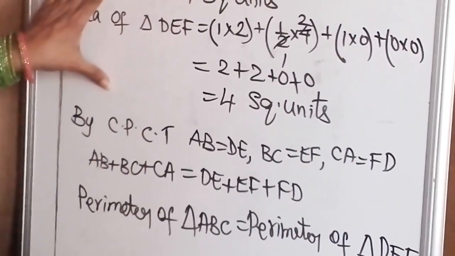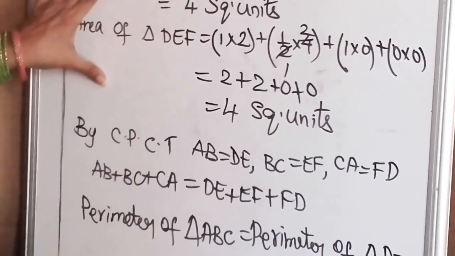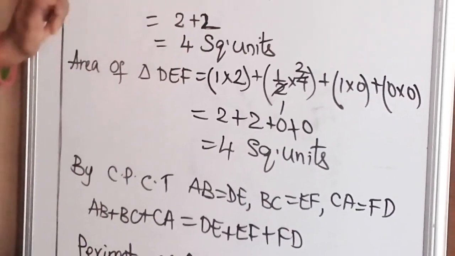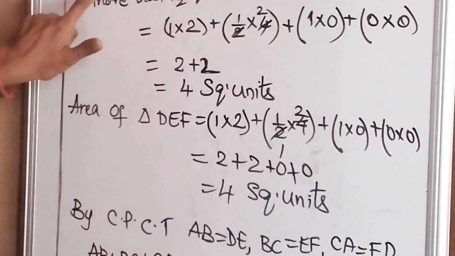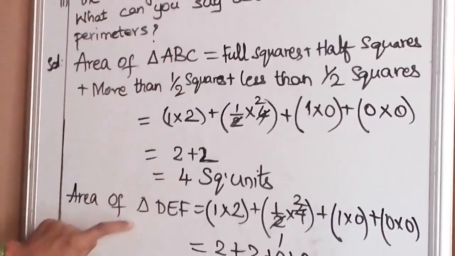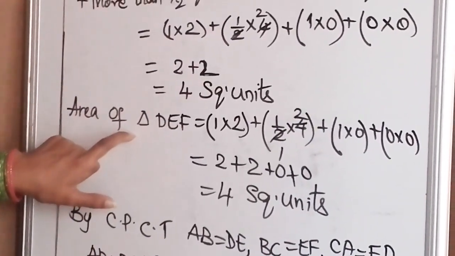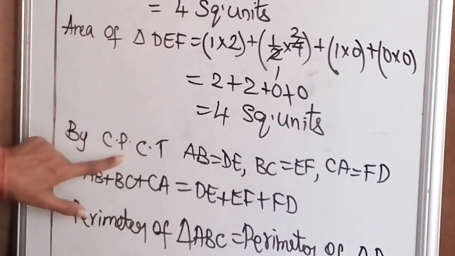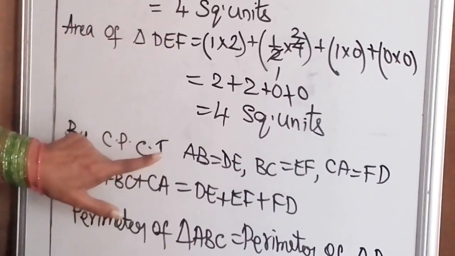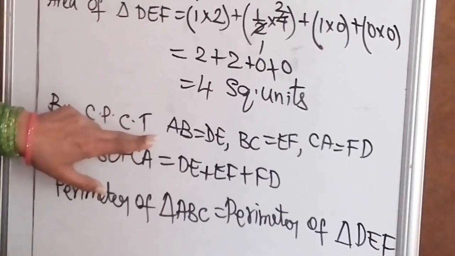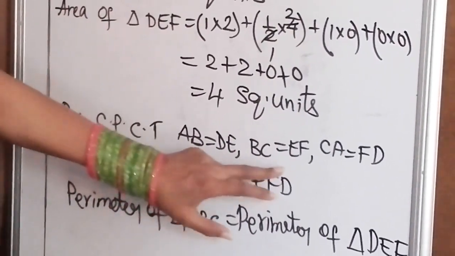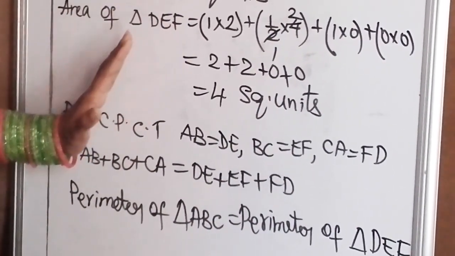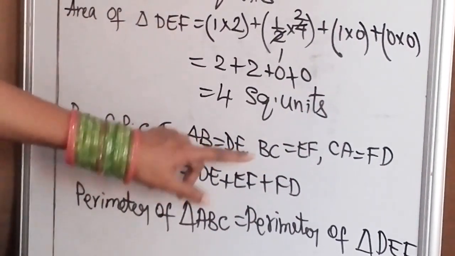They asked you to find out the area and perimeter of congruent triangles drawn on the square sheet. Square sheet we have drawn, then we have found out the area of triangle ABC, then the area of triangle DEF. Then according to the CPCT, that is corresponding parts of congruent triangles, we know that the corresponding sides are equal to each other. So we know that all three sides of one triangle are equal to the three sides of the other triangle.